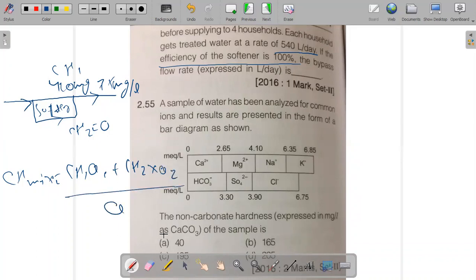This is the basic formula, and let's first find the total flow rate, that is 540 liter per day. Let's calculate it.